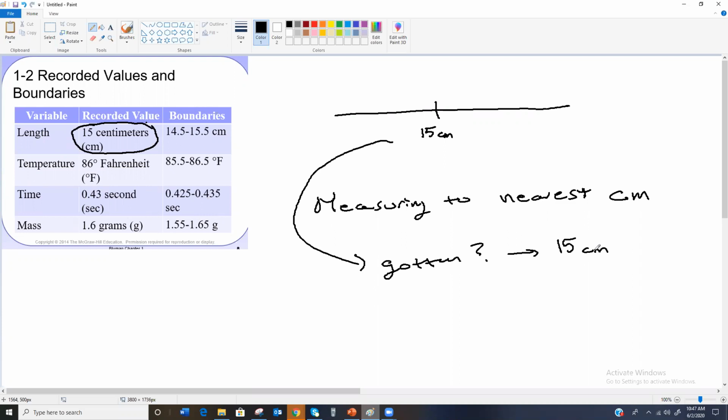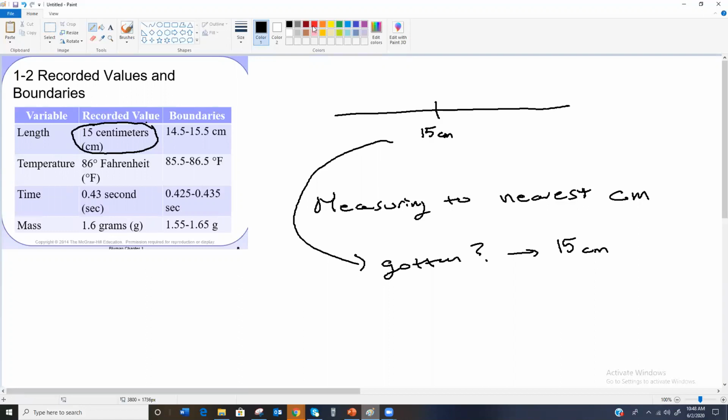What's the smallest thing you could have measured that you would have written down 15 centimeters? 14.5, because typically in mathematics, if you're rounding to the nearest whole number and you get a 14.5, you would write down 15, right?